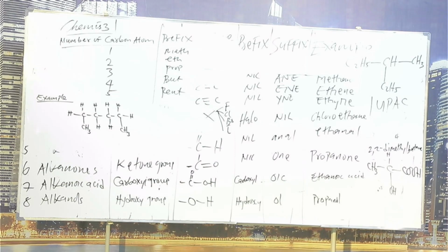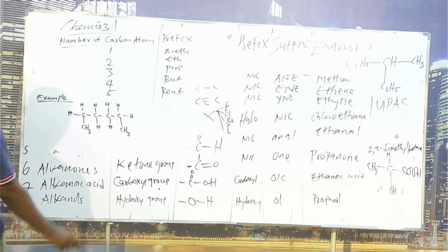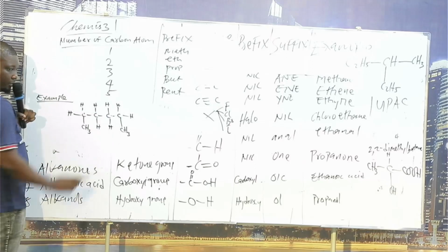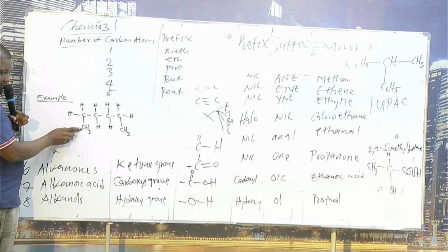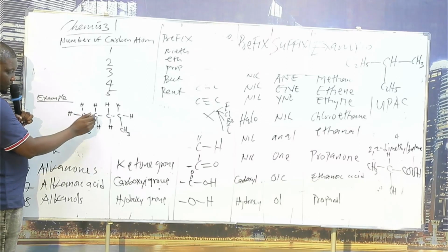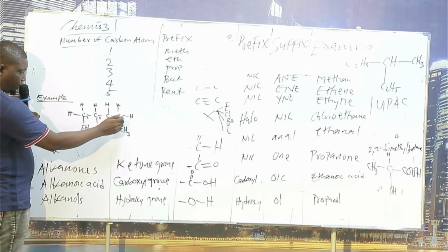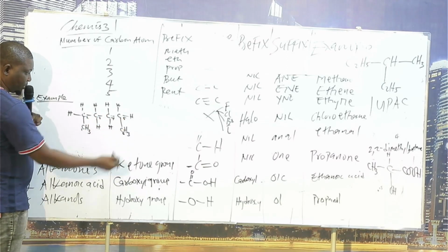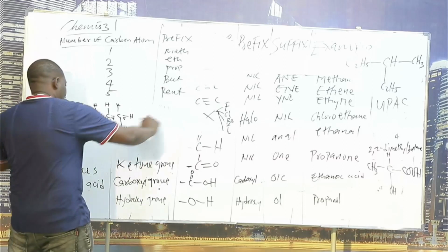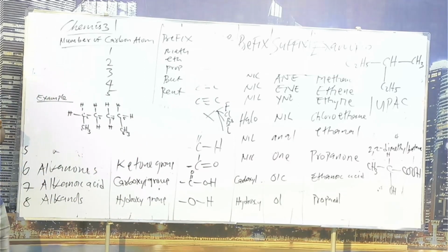This is hexane. The rule says the longest chain. The longest chain is not 1, 2, 3, 4, but 1, 2, 3, 4, 5, and 6.